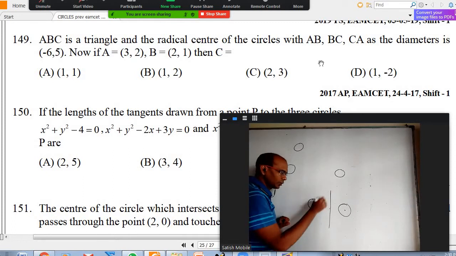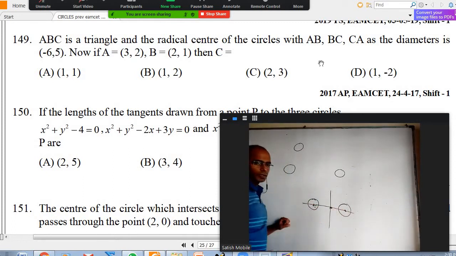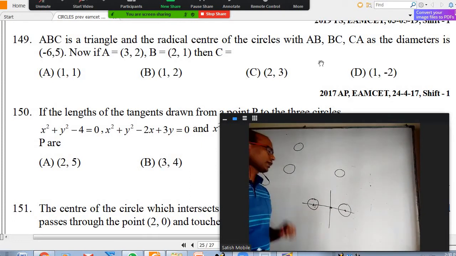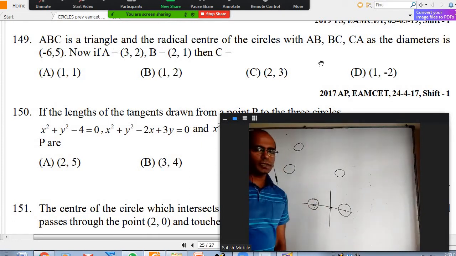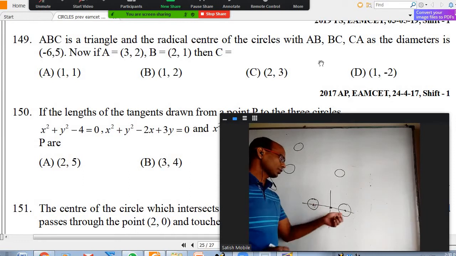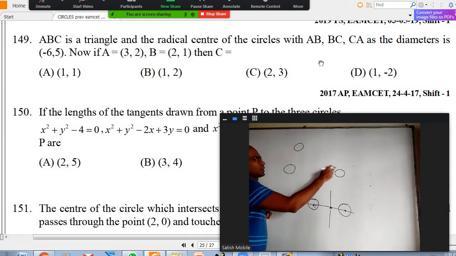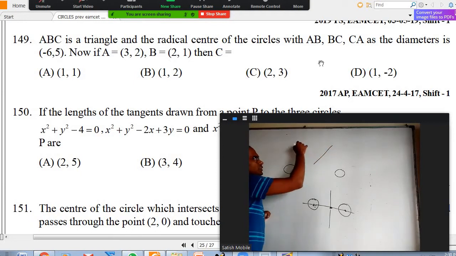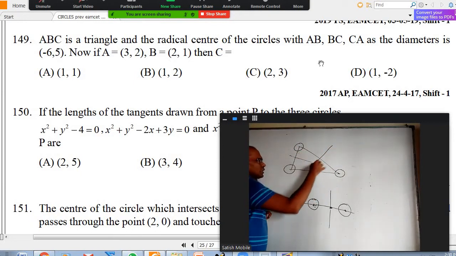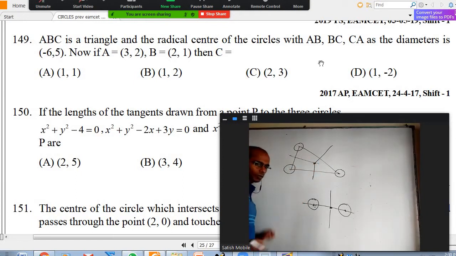That is, it is always perpendicular to the line joining centers, no doubt, but it will pass through the midpoint only when the two circles are of the same radius. If they are of different radius, it definitely will not pass through the midpoint of the two centers. So now here these two circles have the same radius, so the radical axis is the perpendicular bisector of this side, similarly this side and this side.